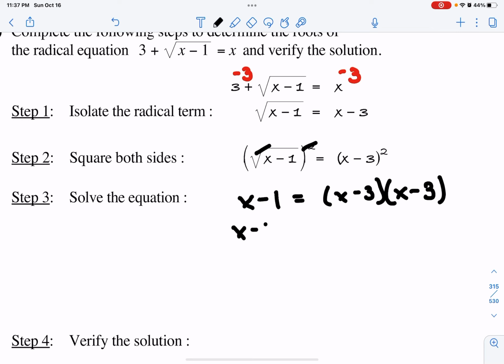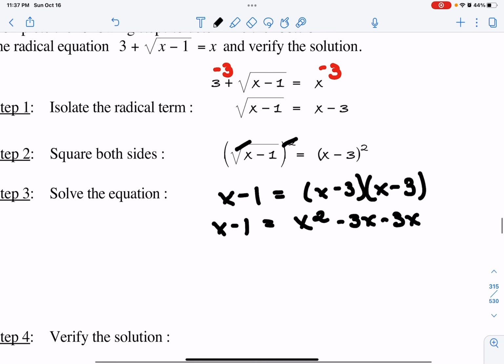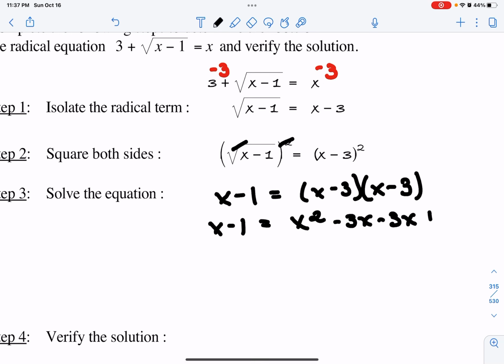I get x minus 1 is equal to, and now I can FOIL this, x squared, or x times x. x times a negative 3 is negative 3x. Negative 3 times x is negative 3x. And then finally, negative 3 times 3 is a positive 9. I have x minus 1 is equal to x squared minus 6x plus 9. And now I always want to try and keep my x squared term positive.